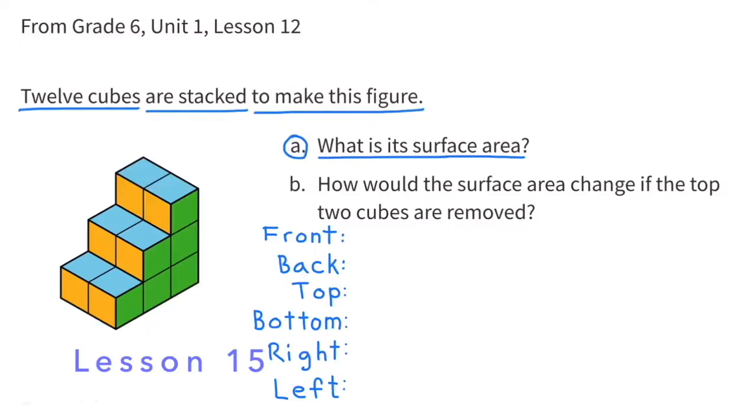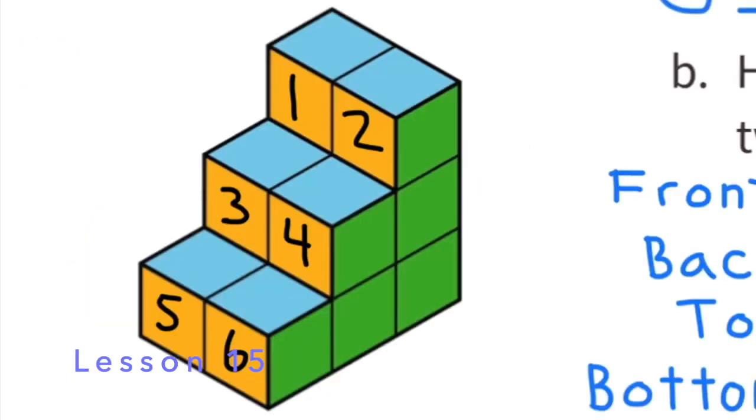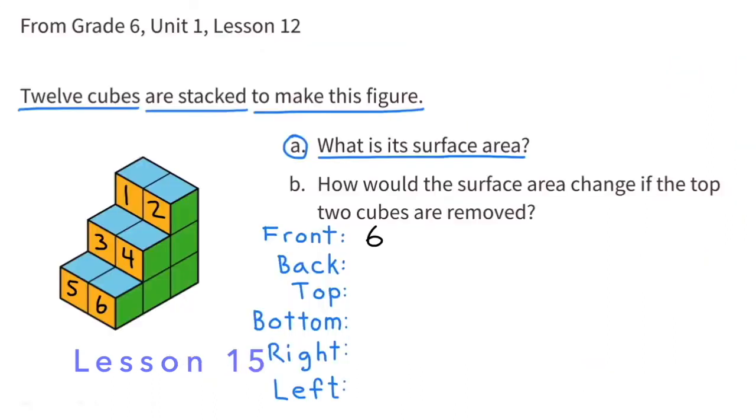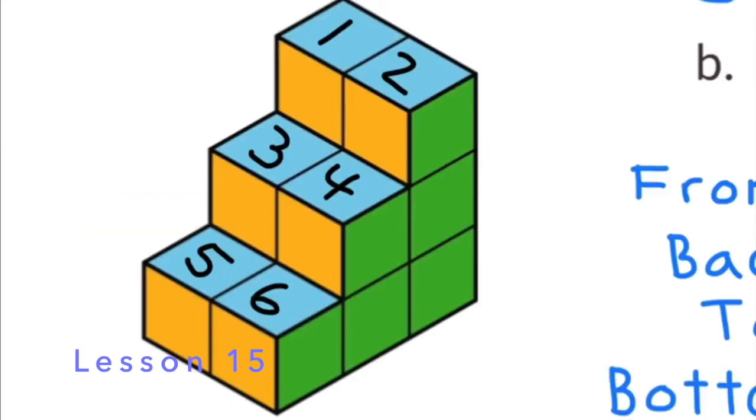We'll need to find the total surface area for the front, the back, the top, the bottom, the right, and the left. Represented in gold and numbered 1 through 6, you can see 6 square units for the front. So the front would be a total of 6 square units, and the back would also be a total of 6 square units. Representing the top in blue, another 6 square units.